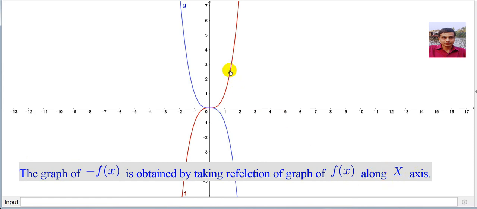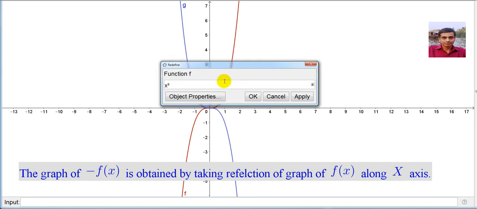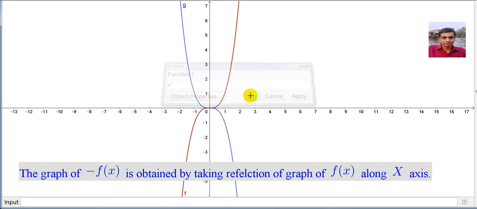Here I have plotted the graph of x cube, and it is the curve represented in red color. Now the problem is to obtain the graph of minus f of x, that is minus x cube, and we can observe that the relation between the red curve and the blue curve is that they are mirror images of each other along the x-axis.